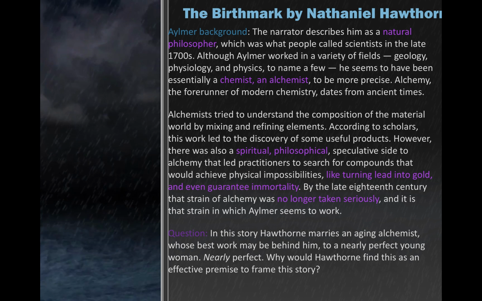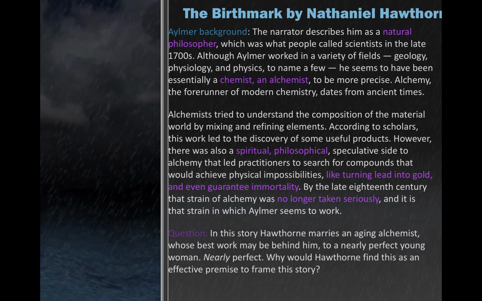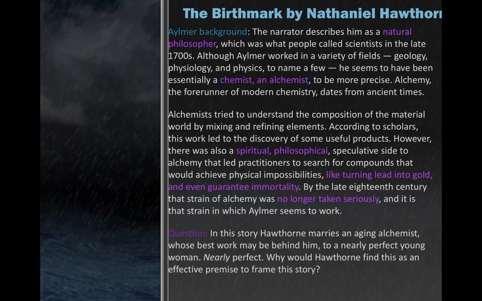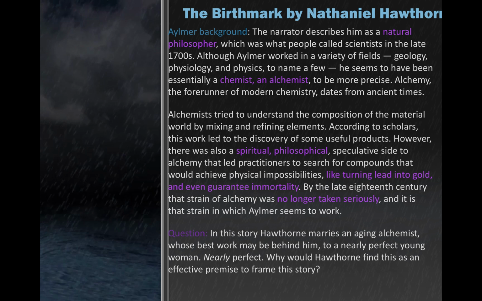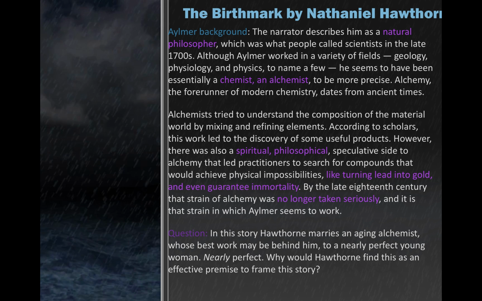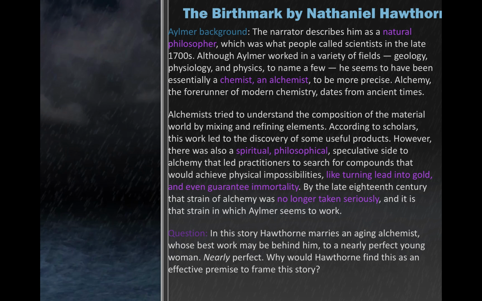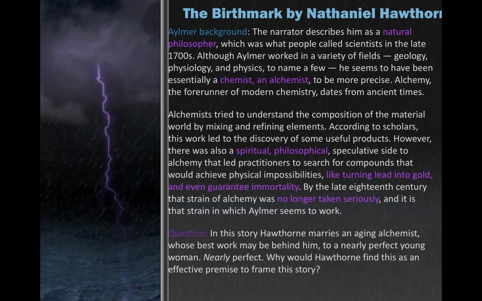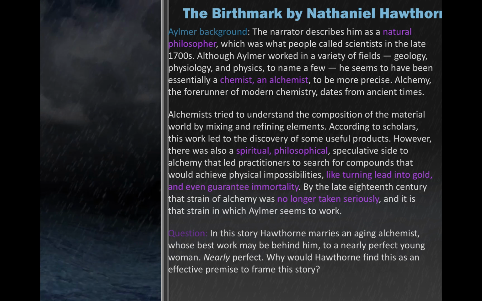Those would have been things that the alchemist would have sought. By the late 18th century, that strain of alchemy was no longer taken seriously. So keep that in mind, that by the time Hawthorne had written this, it wasn't something as widely respected. And it's the strain in which Aylmer is working.